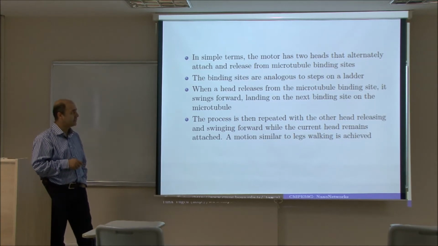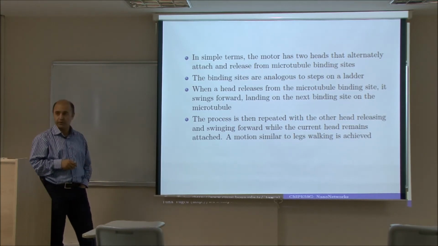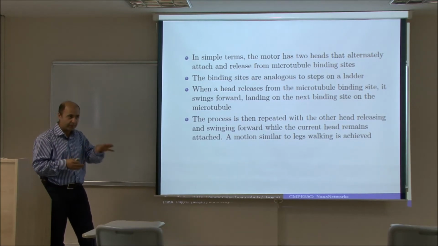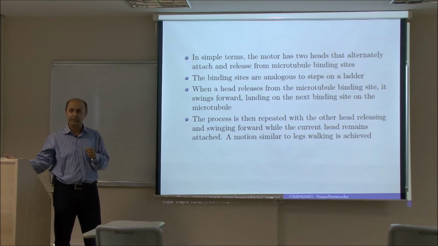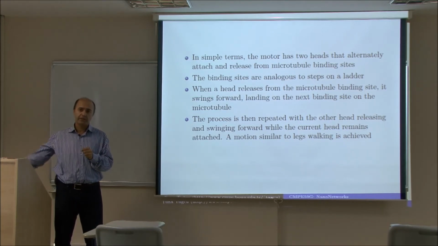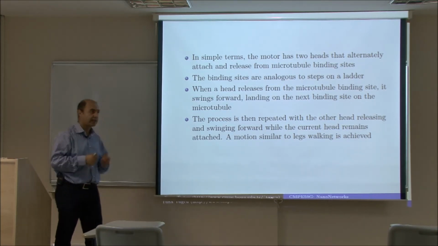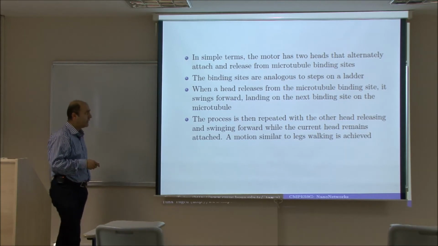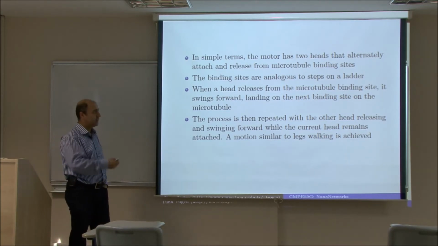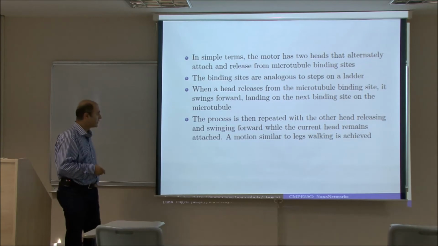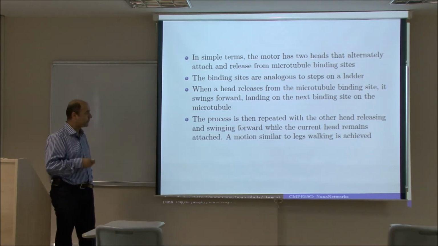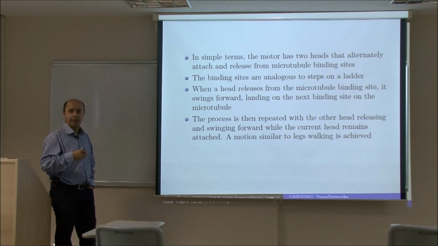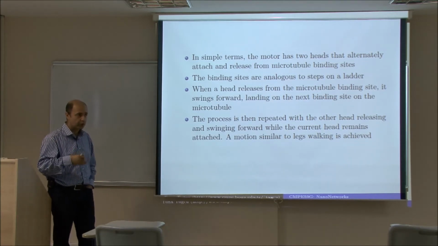And when a head is released from the microtubule's binding site, which is that stepping position, due to the conformational change, the molecule makes a sudden swing in the forward direction and lands onto the next binding site. That's how you take the steps. The process is therefore repeated over and over, at each step actually consuming ATP, consuming energy.